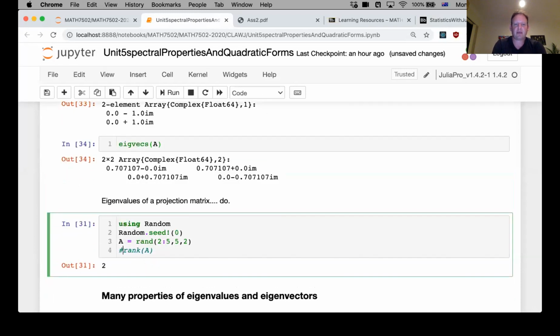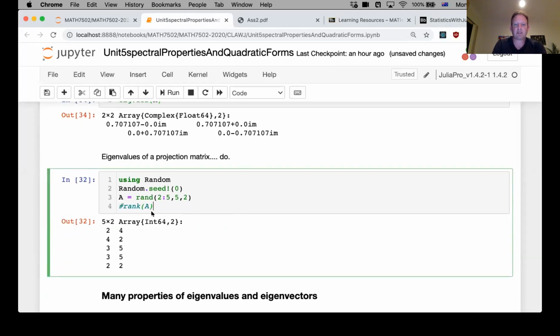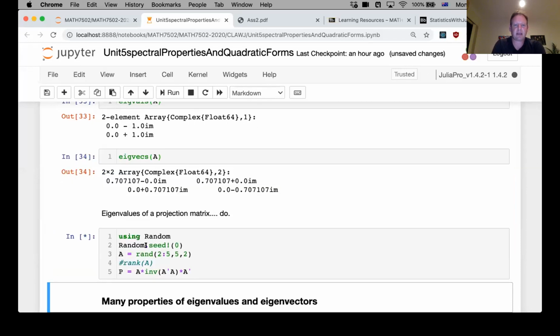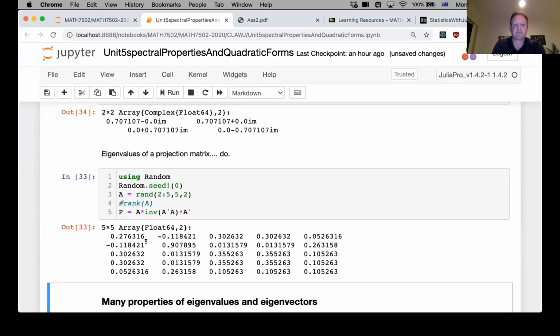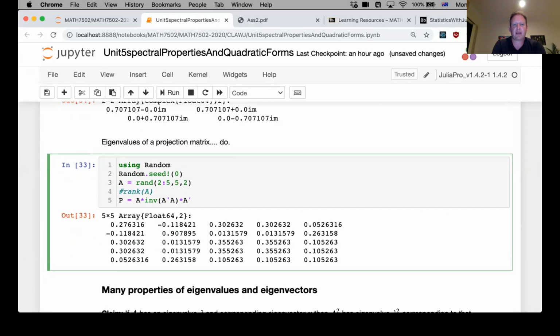So it's always going to be the same matrix A. The projection matrix is A times inverse of A transposed A times A transposed. That should be a 5 by 5 matrix.